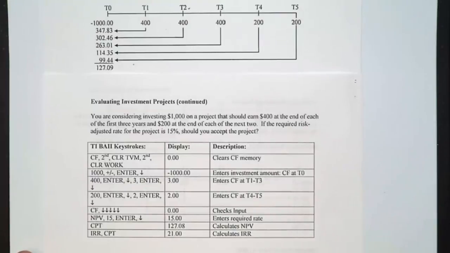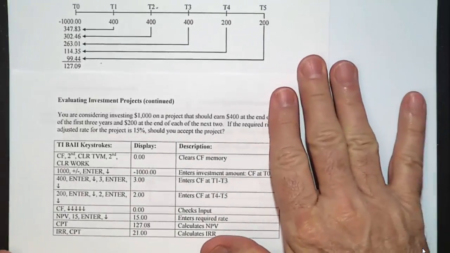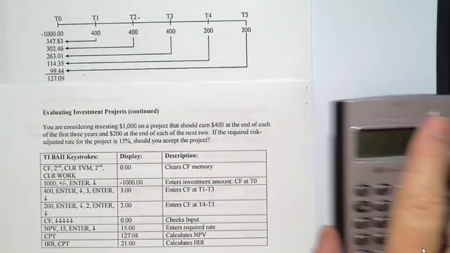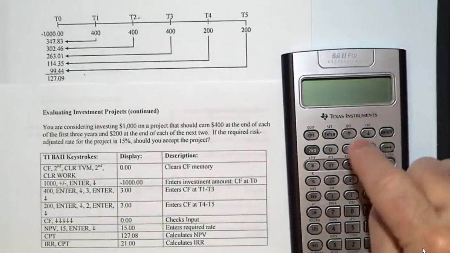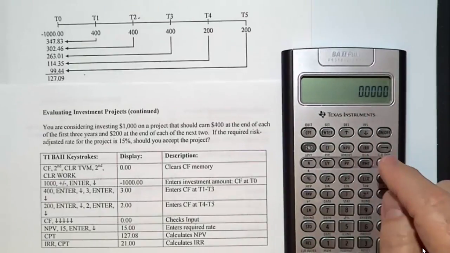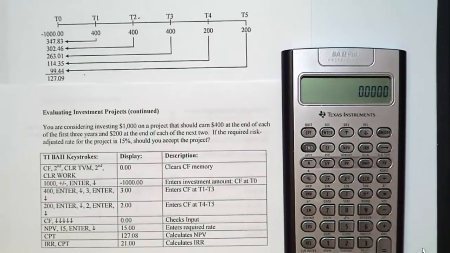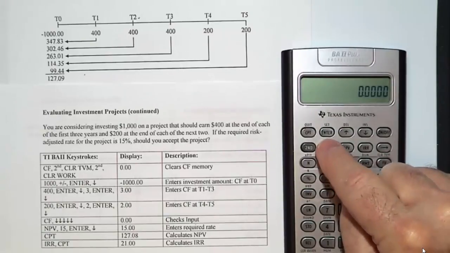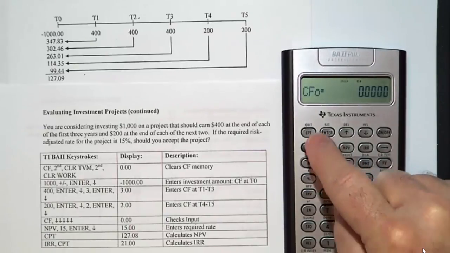So let's take a look at how the BA2 Plus addresses this type of problem. First, we'll turn it on, and we need to go into cash flow keys.